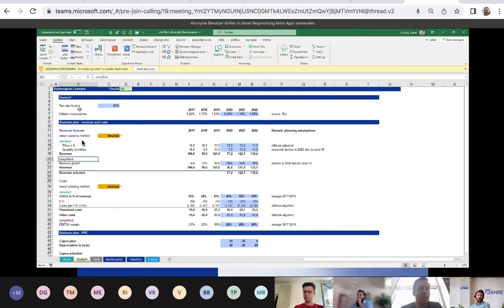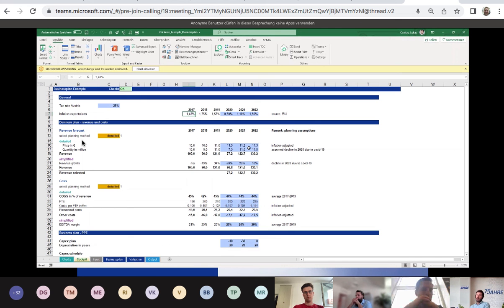This is the cockpit where you do the business planning. You would write your assumptions in there. For example, here regarding inflation, I have some input for my inflation expectations.